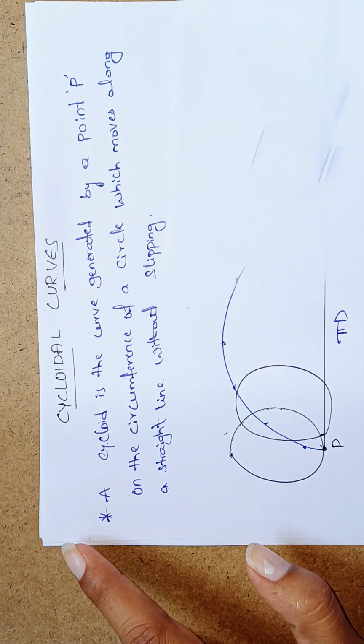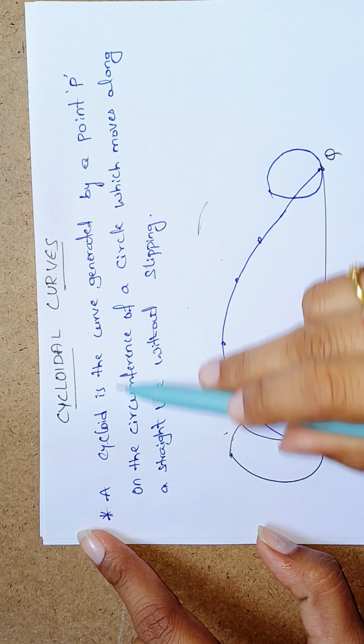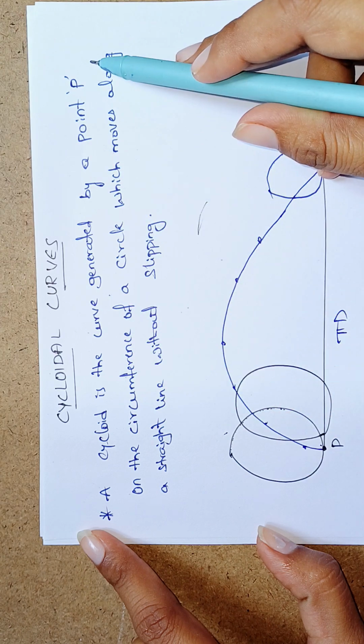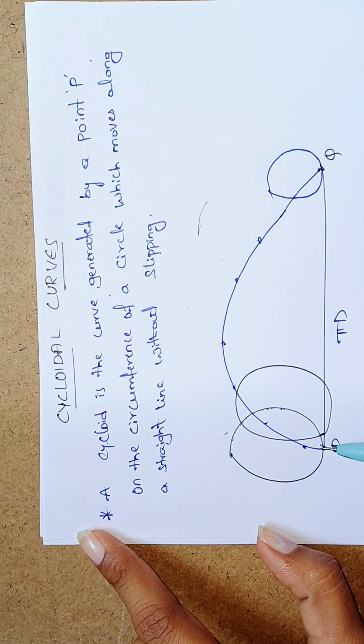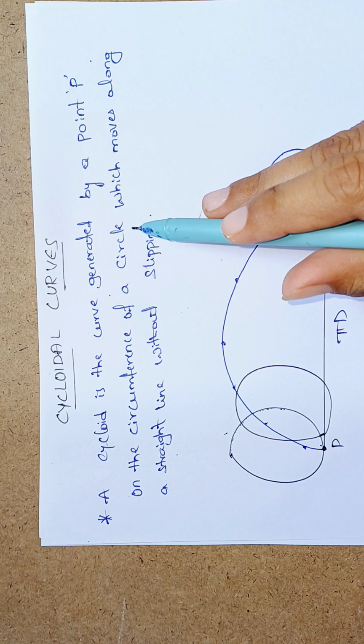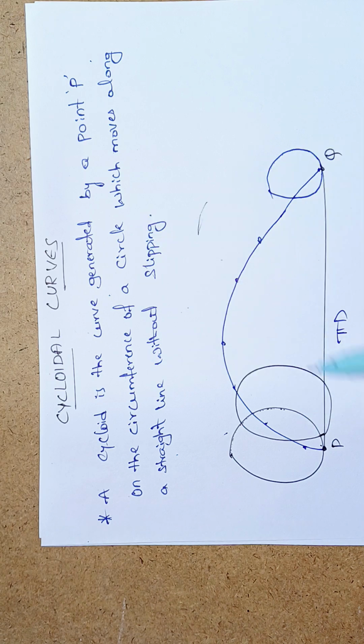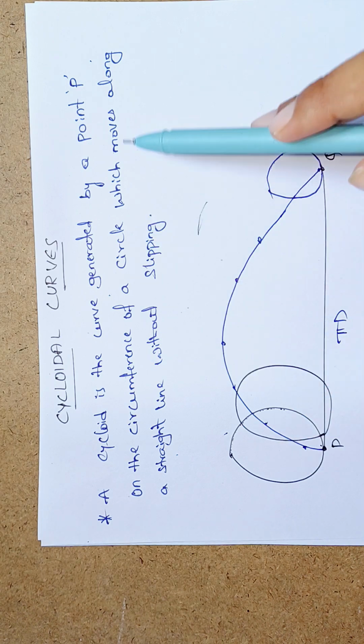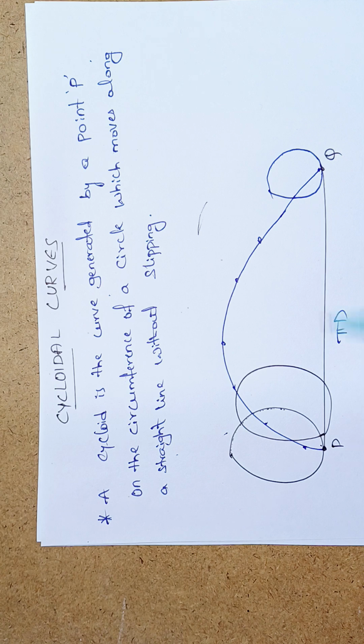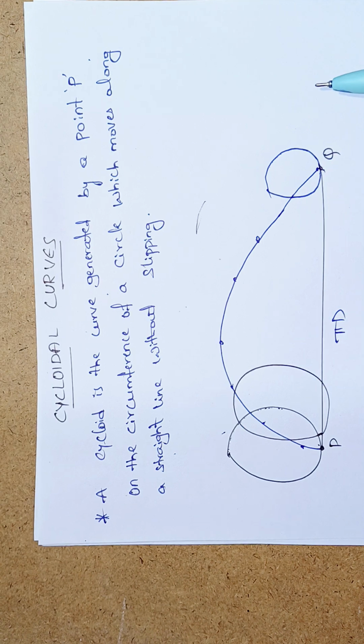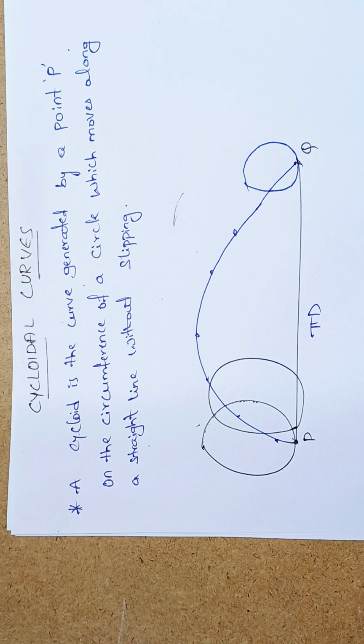So consider a cycloid, a curve generated by a point P on the circumference of a circle which moves along a straight line without slipping. It travels one revolution. That is called a cycloid curve.